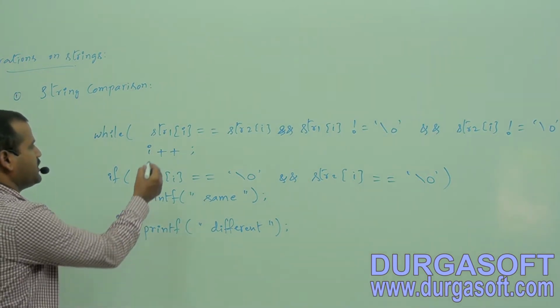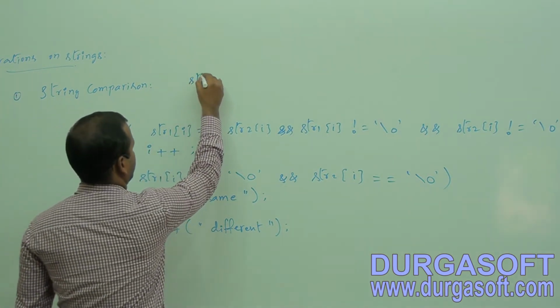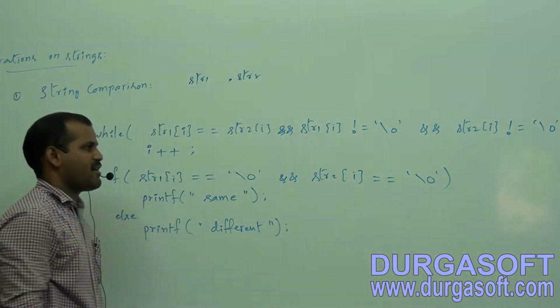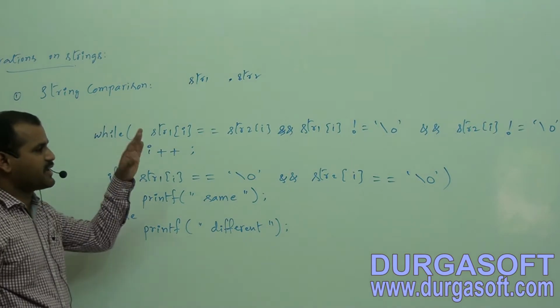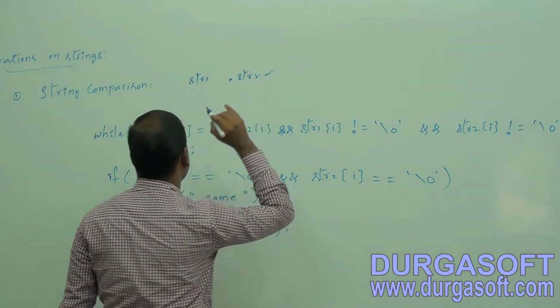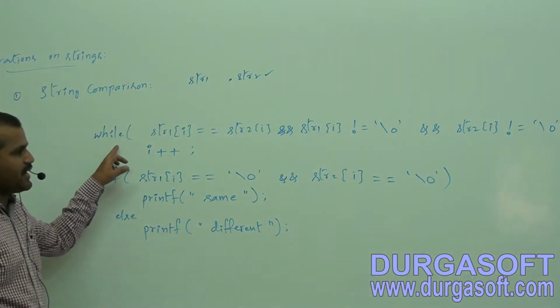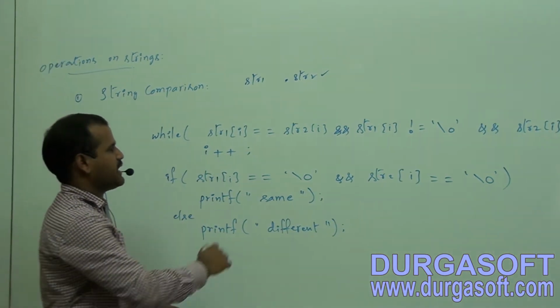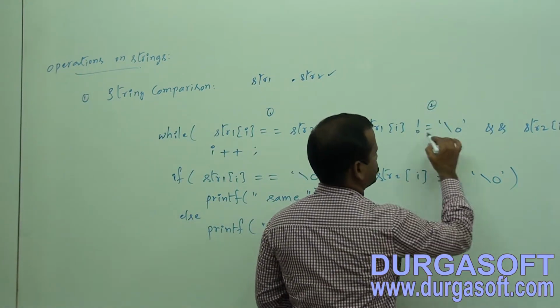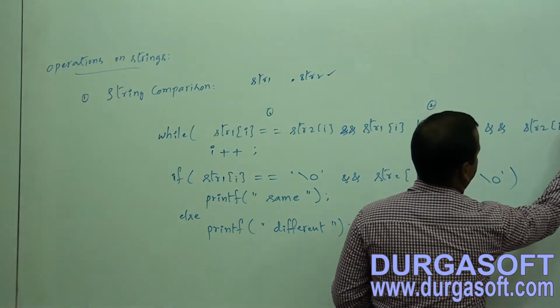Now let us see, first string 1 and string 2 are given. Those have some characters in their strings. Let us assume that two strings are initialized. Now this while condition has three conditions: 1, 2, 3.